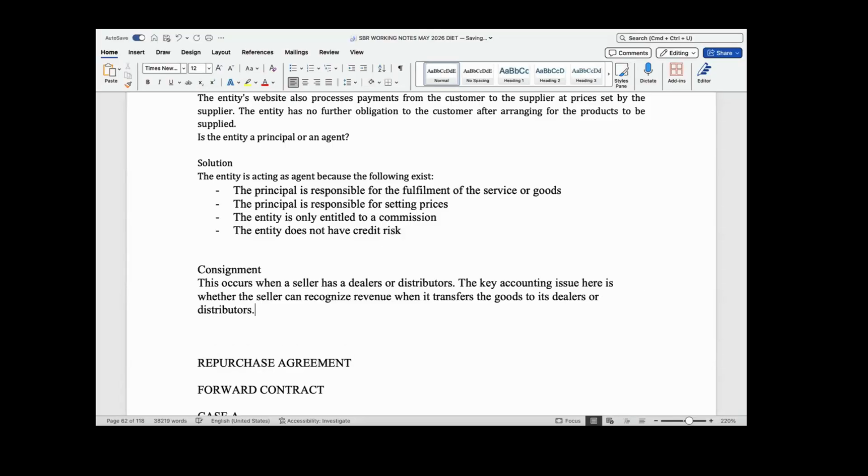So the question is whether the seller is deemed to have transferred control.